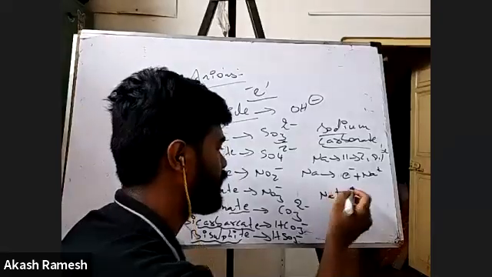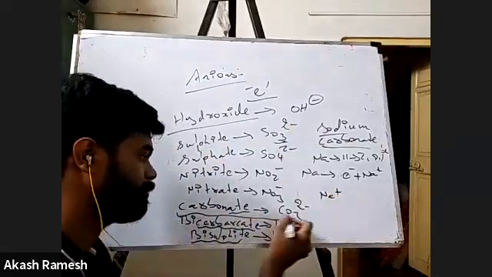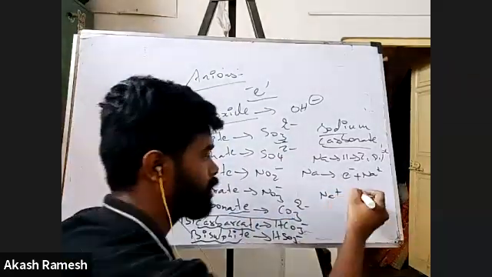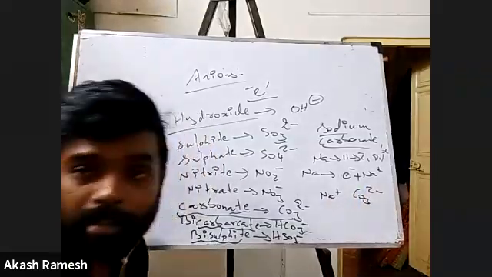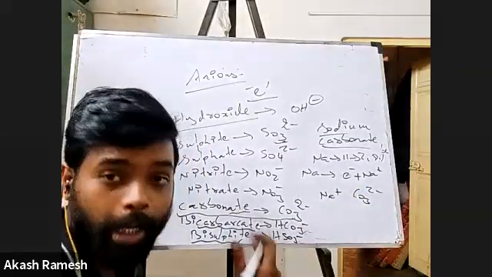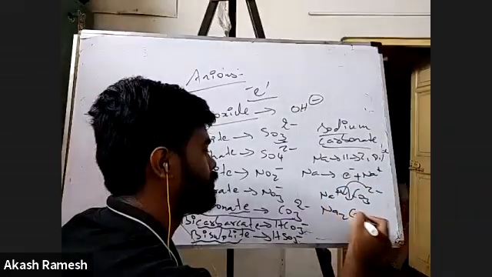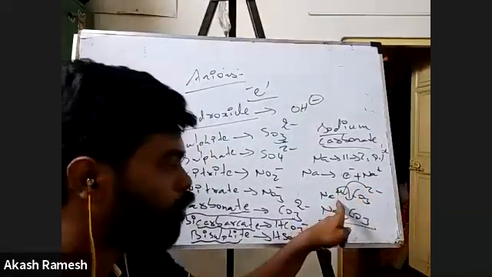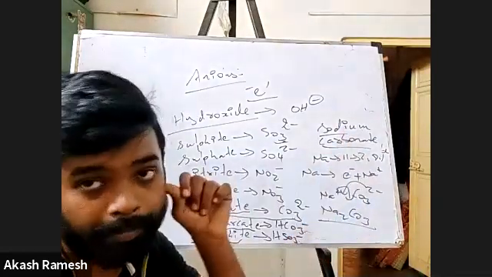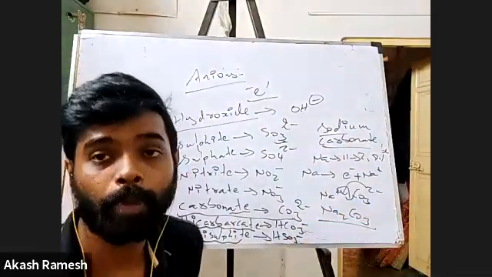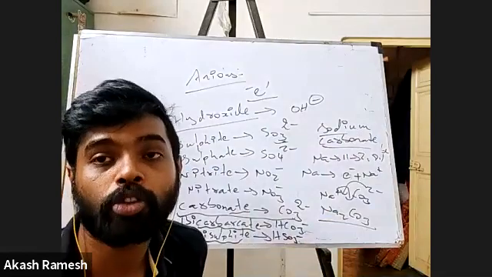So Na plus is there. Now carbonate, this is the carbonate's formula. Now again you do swap and drop. Put 2 here, put 1 here. You're going to form Na2. 2 will come here. CO3 has only 1. Okay, Na2CO3 is the formula for sodium carbonate.